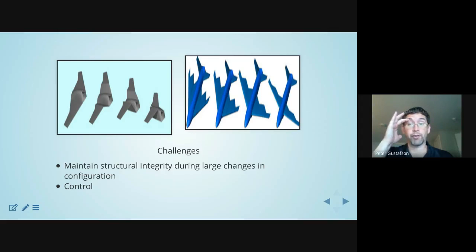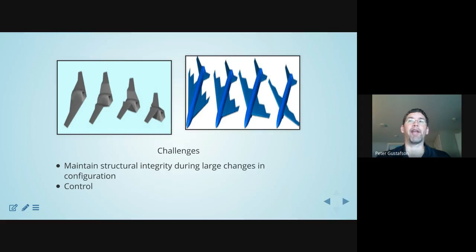Some of the challenges you face in doing this are that large changes in configuration have both aerodynamic challenges and structural challenges. In order to accomplish this, the load paths become very different than they were previously.